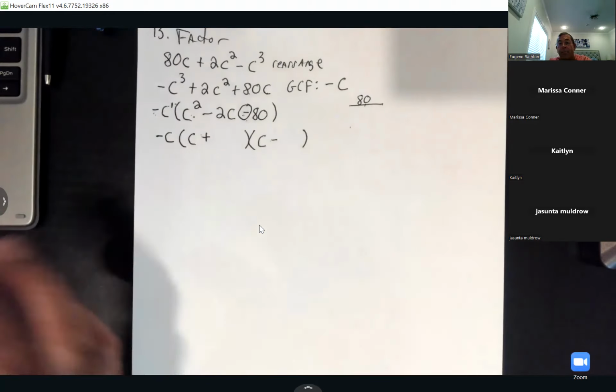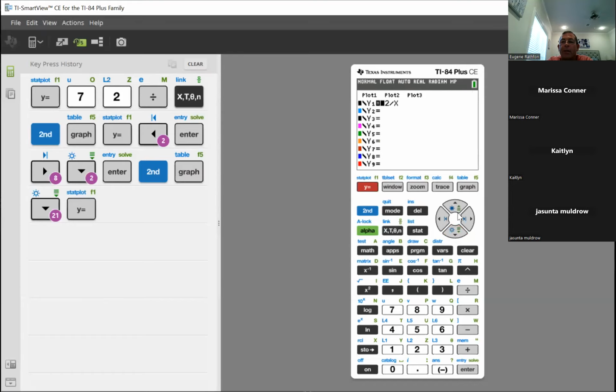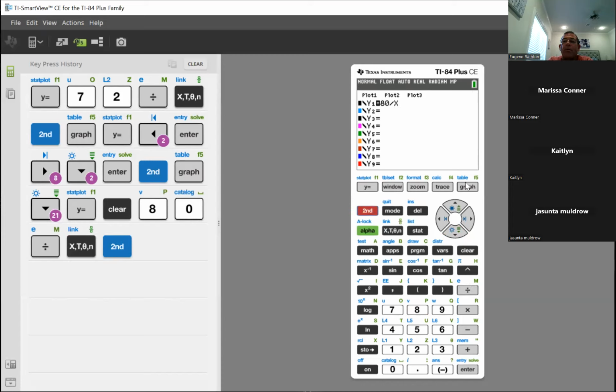So y'all, 80 is another big number, so let's go find some factors on that calculator. I'm going to go to Y equals and clear this. And I'm going to do 80 divided by my x. And let me go to my second graph to pull up the table.